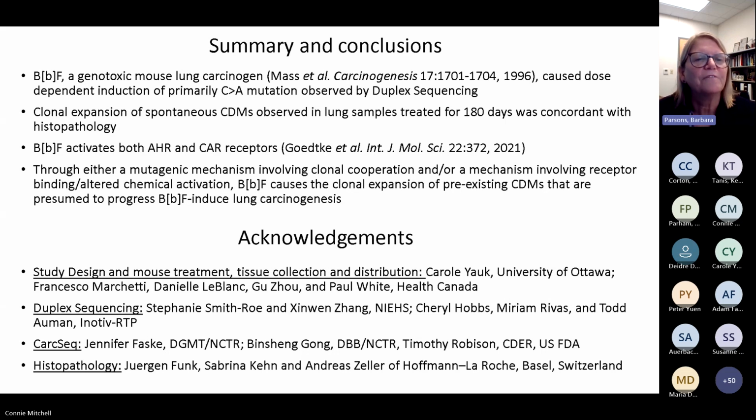It's known that BBF activates both AHR and CAR receptors. So through either a mutagenic mechanism involving clonal cooperation or a mechanism involving receptor binding and activation, BBF causes clonal expansion of pre-existing cancer driver mutations that are presumed to progress BBF-induced lung carcinogenesis.